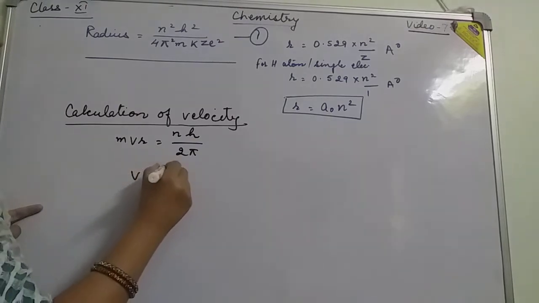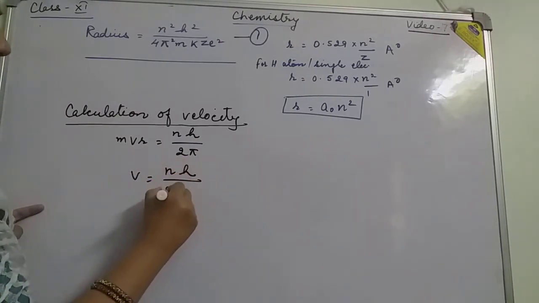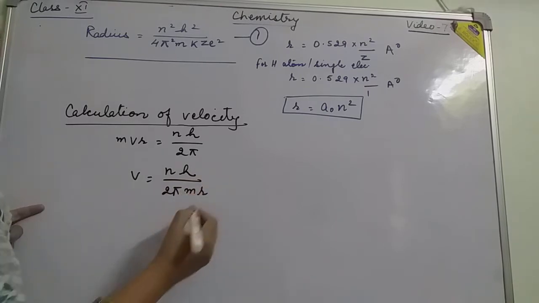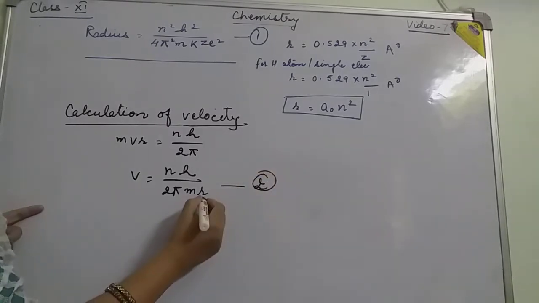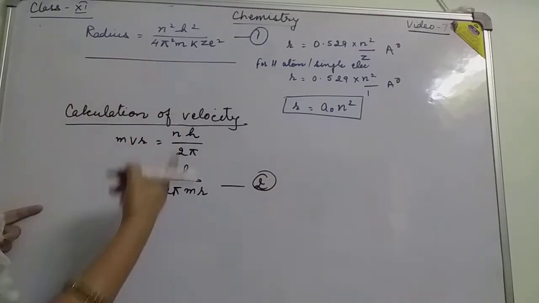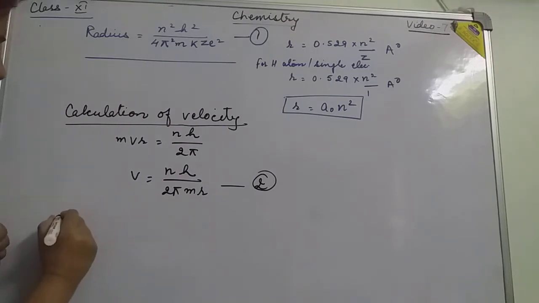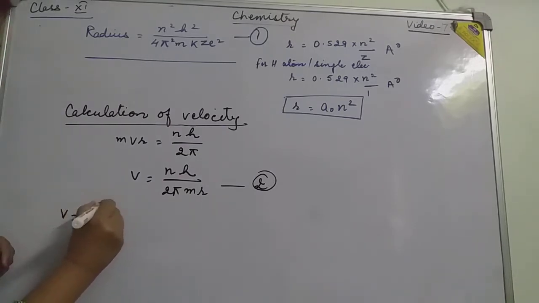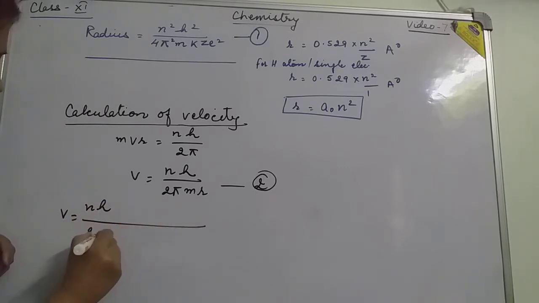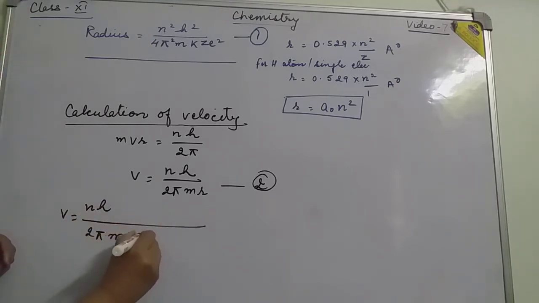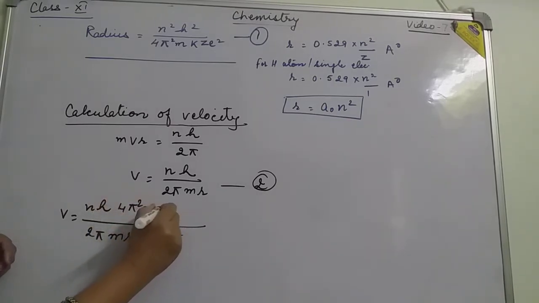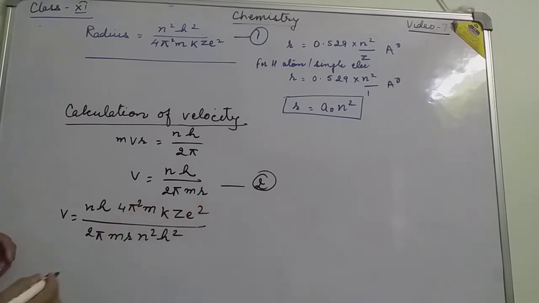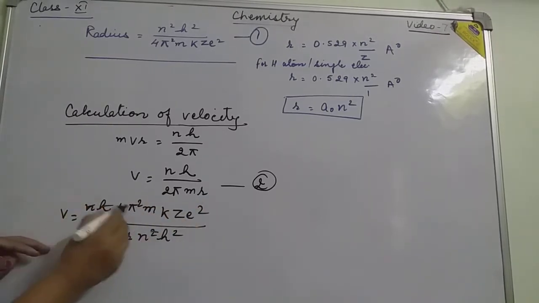So v equal to nh by 2 pi mr. By putting the value of r from equation number 1 into equation number 2, we get v equal to nh by 2 pi m into 4 pi square m k z e square by n square h square.